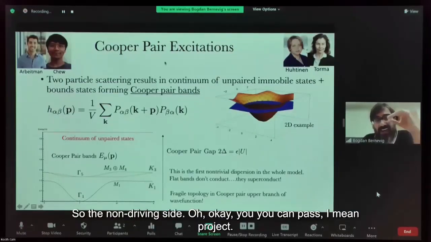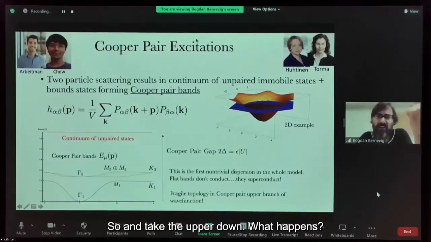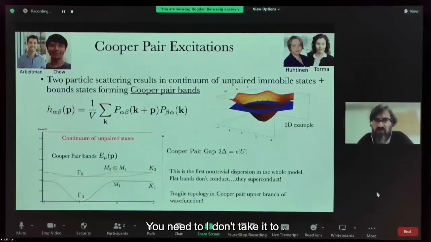Okay. Normally, if I project, so let's do the following thing. Let's take a non-interacting flat band and project it, and take a Hubbard Hamiltonian, or negative Hubbard, and project it. And I don't tell you it's a non-interacting flat band. I just show you the interacting spectrum. Normally, you wouldn't be able to tell me.